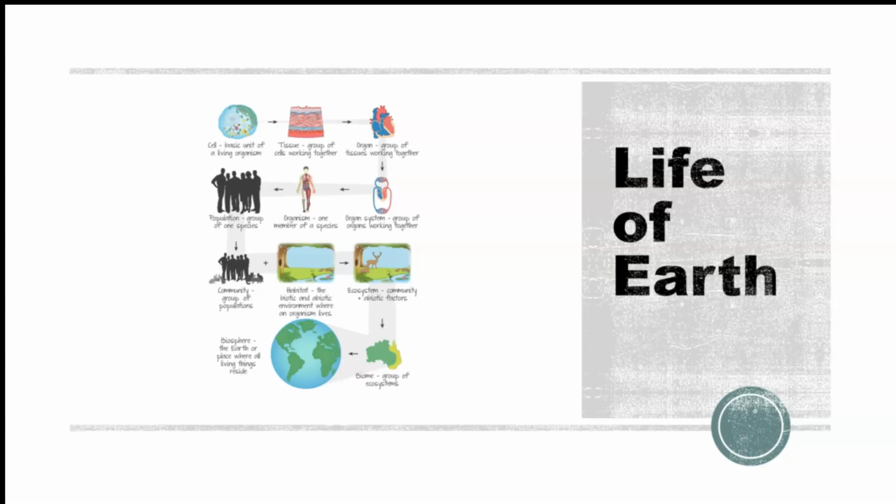It's really important to get your head around that hierarchy, because in there we get the population, our community, our habitat, our ecosystem, our biome, and then biosphere. These are all important terms that you need to be aware of as we go into this ecology unit.